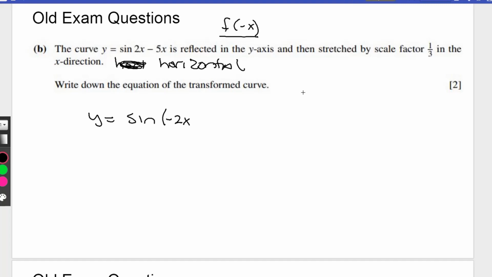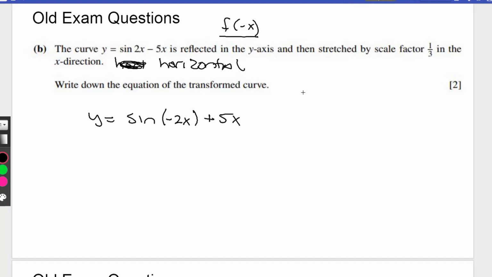And then what we're going to do is minus 5x, but that's going to be a negative x, so it turns out to be negative 5 times negative x, which is plus 5x.